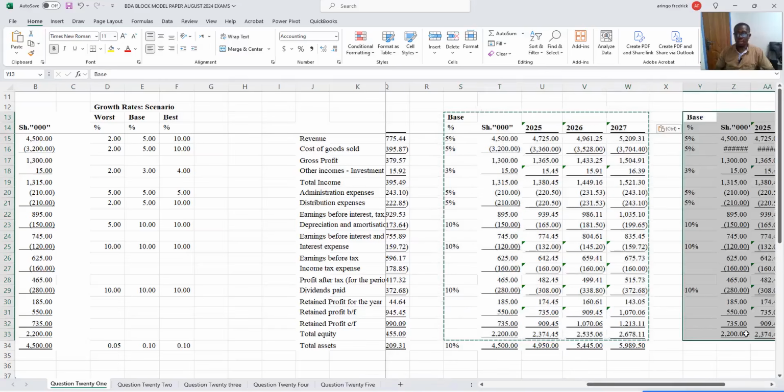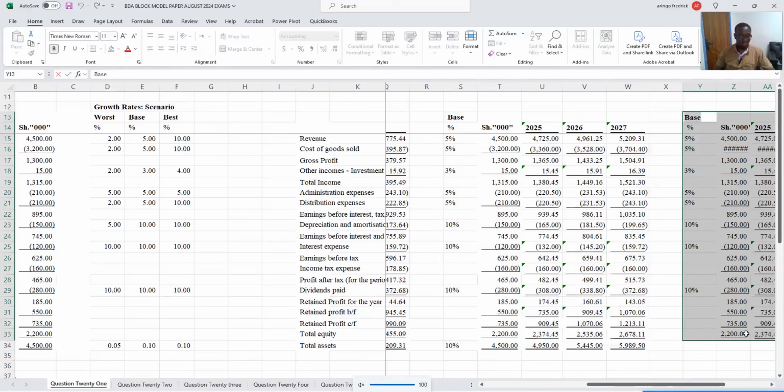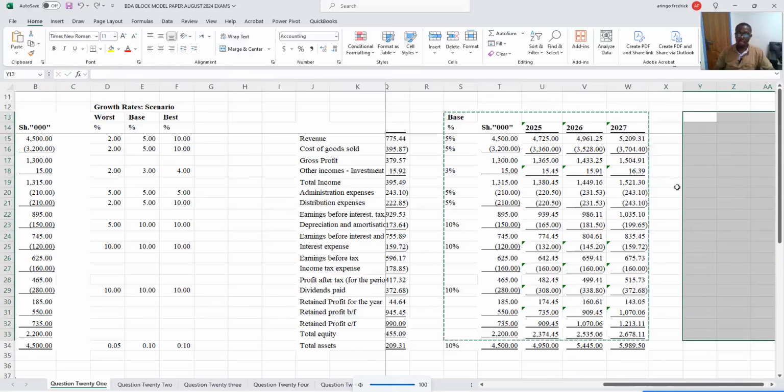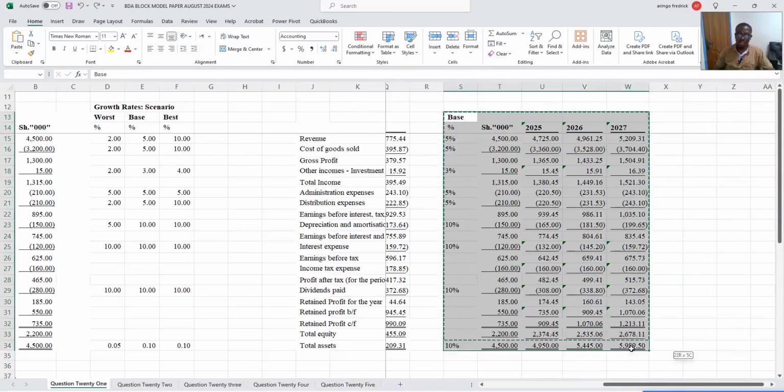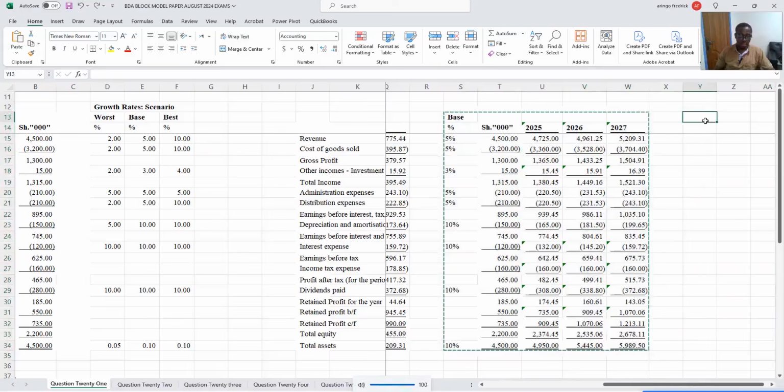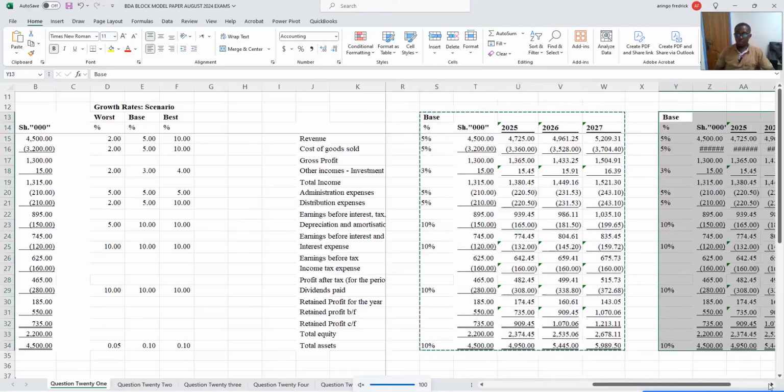This time round, we want to look at the best case scenario. So we take all, I come and copy paste it at that point.